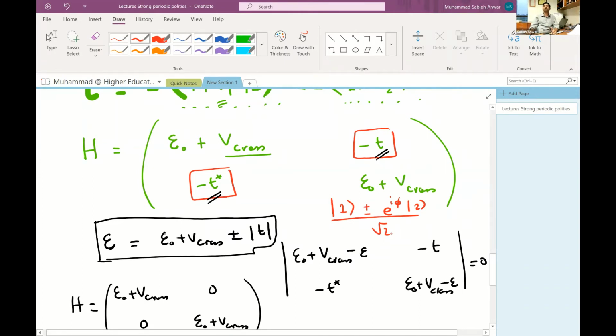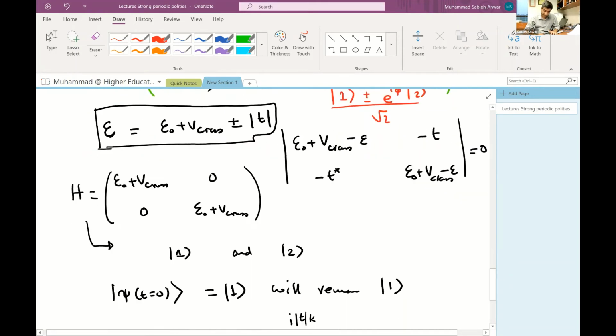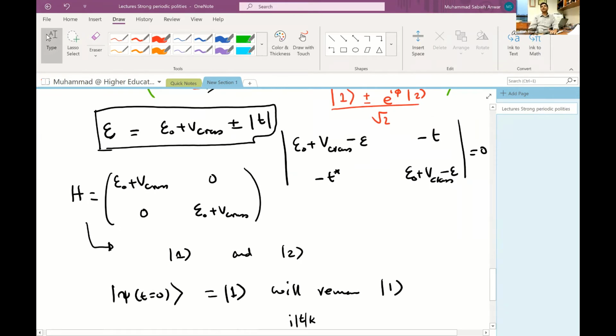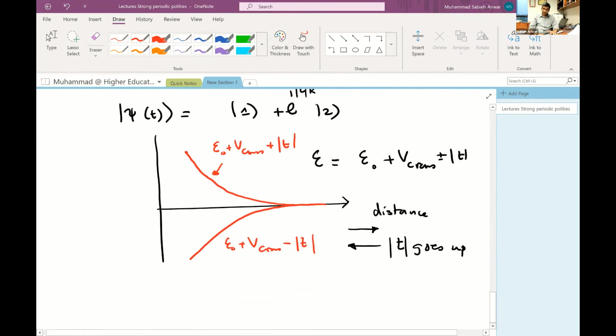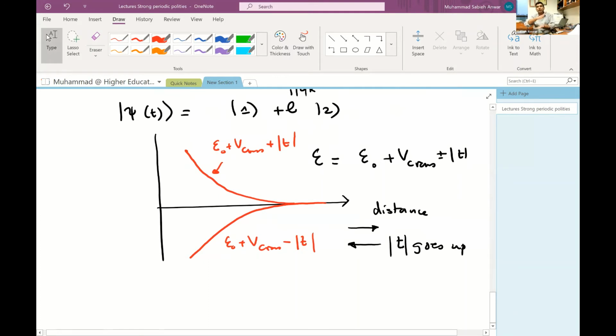So depending upon whether T is imaginary or real, phi can be 0 or 90 degrees. So if T is real, by the way, then we have a sigma x, so phi is going to be equal to 0. So you'll get ket1 plus ket2 as one eigenstate and ket1 minus ket2 as the other eigenstate. So this is the evolution of the eigenstructure of this problem for a single molecule.